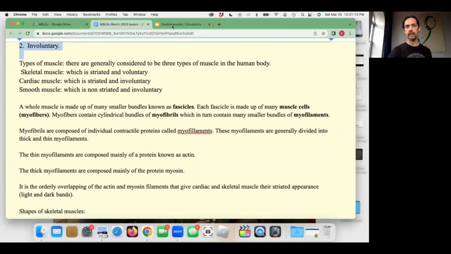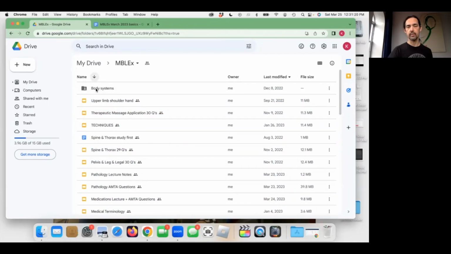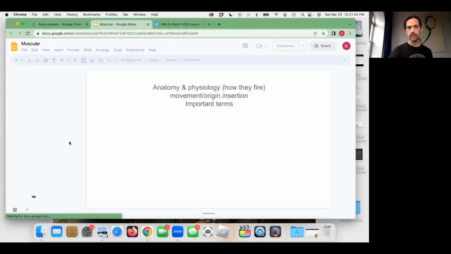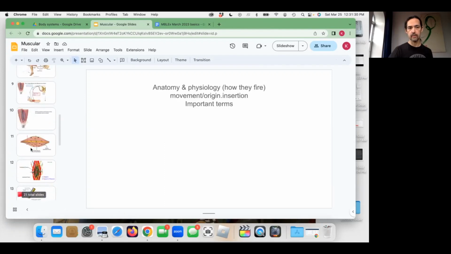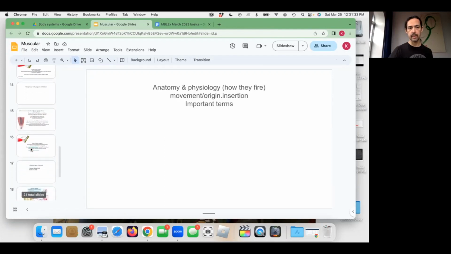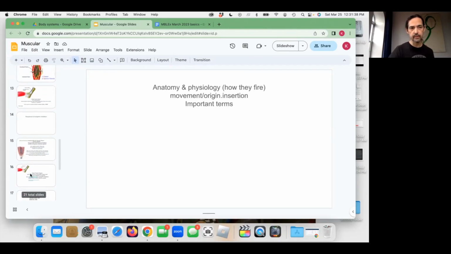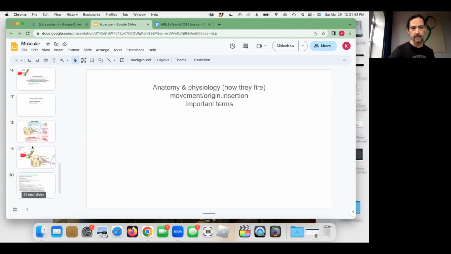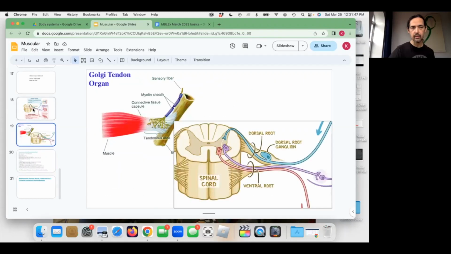Let's look at an actual graphic of the muscles. So I think I have one in body systems. Let's see if it's in muscular. Yeah, so down at the bottom. Hey, where's that thing? I don't have it. You're kidding. I remember looking at it.